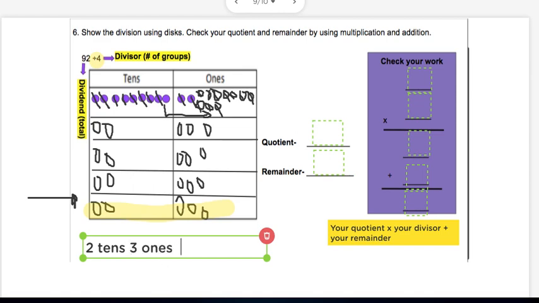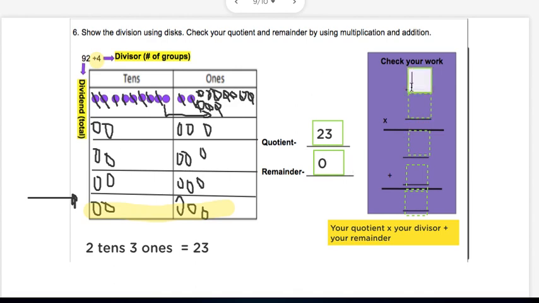Fabulous! 3 ones, 2 tens. 2 $10 bills, 3 $1 bills. How much money is that? Good job. 23. So my quotient is 23. And did I have a remainder? Nope, no remainder, so my remainder is 0.